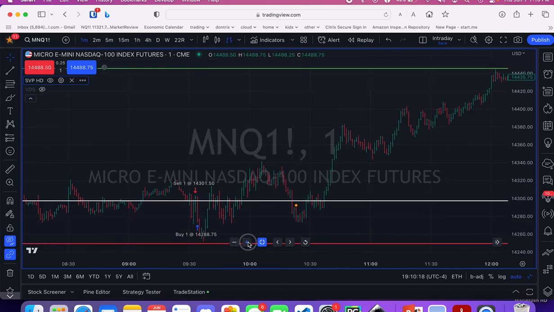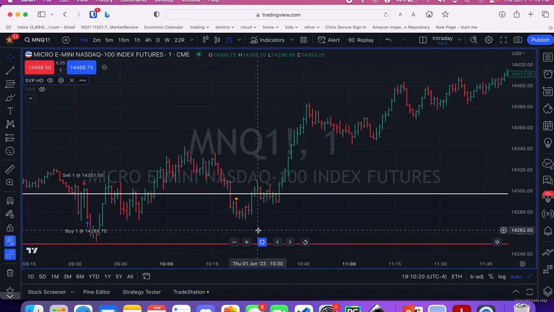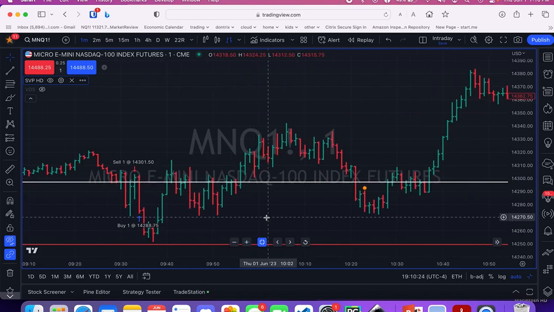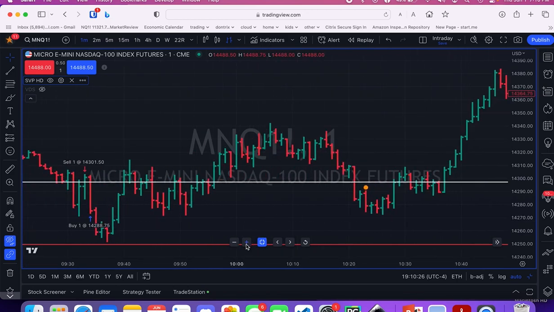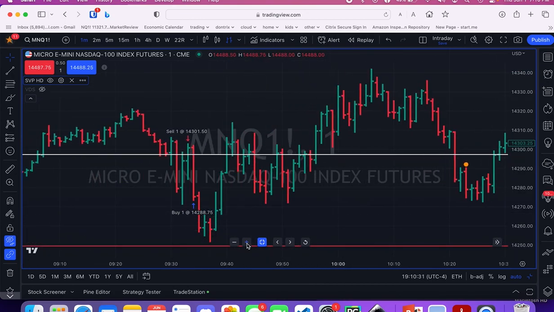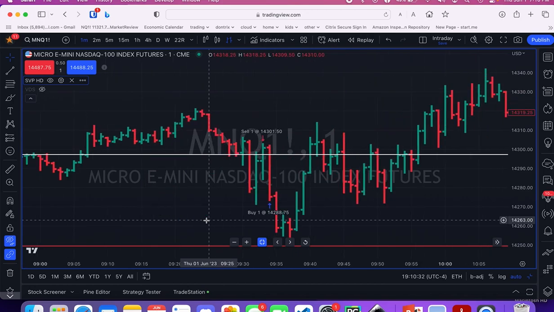Look at this one. Beautiful trade, easy trade. I took it for a reason, okay? That is very important. So I took this trade for a reason. So here, look at this one.